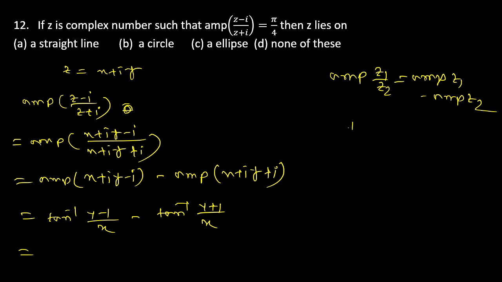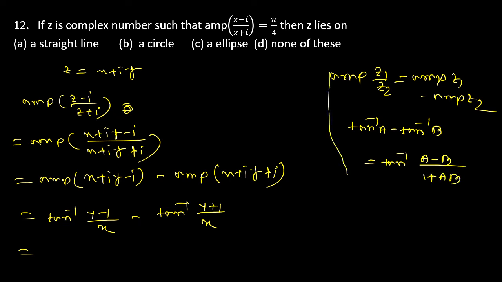Now tan inverse A minus tan inverse B is tan inverse of A minus B by 1 plus AB. So we get tan inverse of y minus 1 by x minus y plus 1 by x, by 1 plus y square minus 1 by x square.